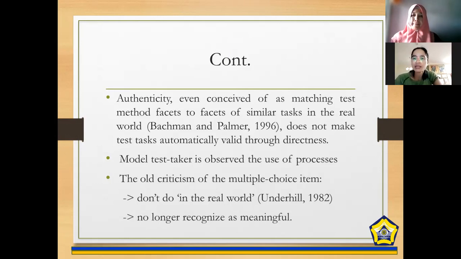A model test taker is observed in the use of the process as well as the operative. Criticism of multiple choice items is that they are not done in the real world, according to Underhill 1982, and are no longer recognized as meaningful. So next.